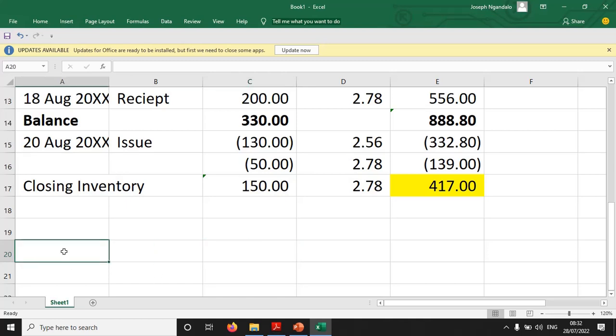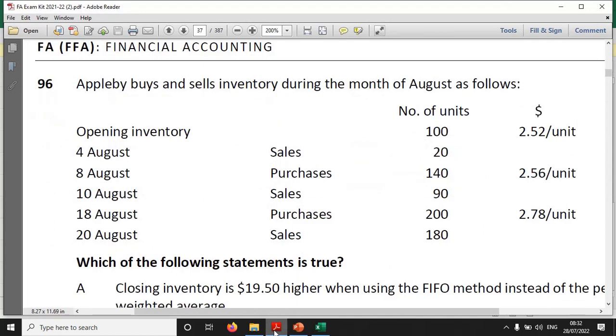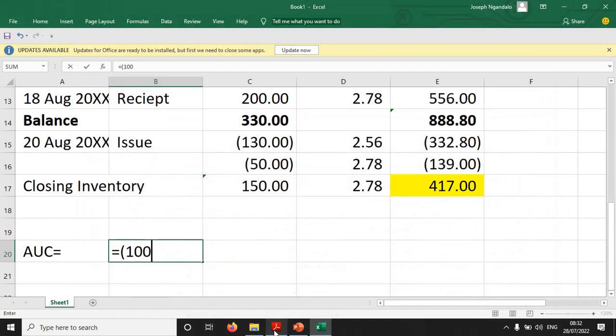So what is the average unit cost? How much is it gonna be? So you open brackets. You're going to be doing exactly what I'm doing. We'll start with the units. Initially, how many units did you have? 100, right? Opening, please. 100 by 2.52, right? Plus, open again, plus, don't open brackets.